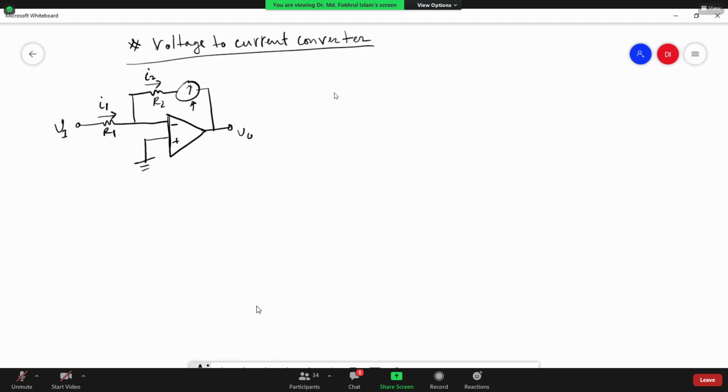And we know that there is no current here, so simply I1 is equal to I2 is equal to VI by R1.